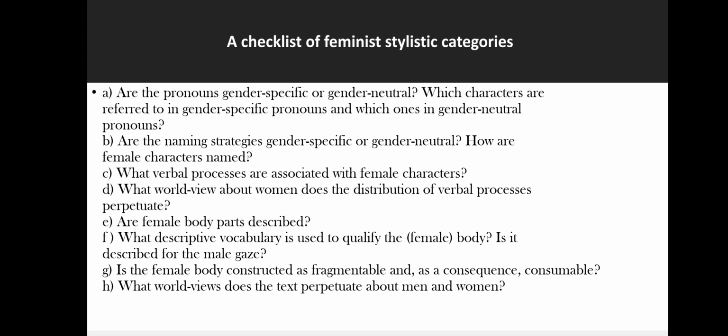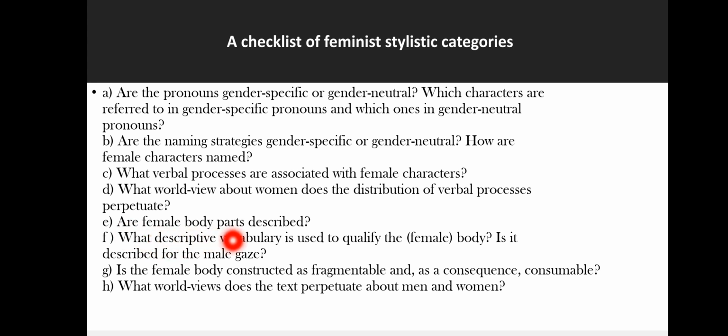Second, are the naming strategies gender specific or gender neutral, and how are female characters named? What verbal processes are associated with female characters, as in the transitivity model, and what worldview about women does the distribution of verbal processes perpetuate?